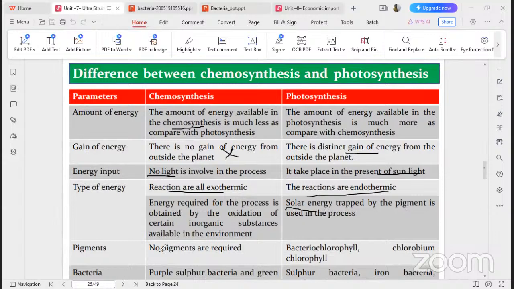No pigments are present in chemosynthetic bacteria, but bacteriochlorophyll and chlorobium chlorophylls are present in photosynthetic bacteria.